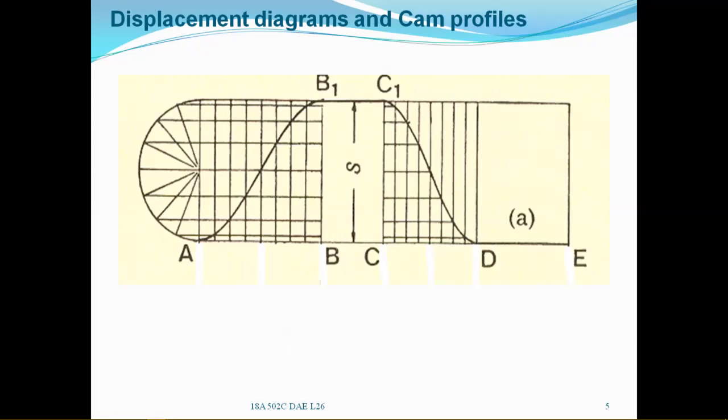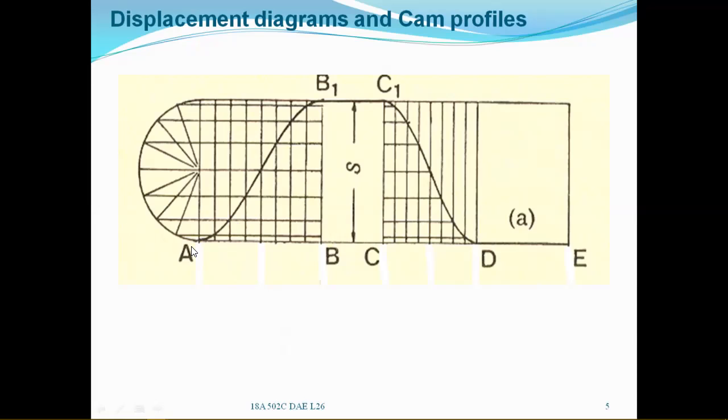So that's why in this diagram, the most important aspect is the drawing of displacement diagrams for both outstroke as well as return stroke. It is angle of ascent and angle of descent. And here also we are discussing if the follower is moving with simple harmonic motion as discussed earlier, let it be recalled.